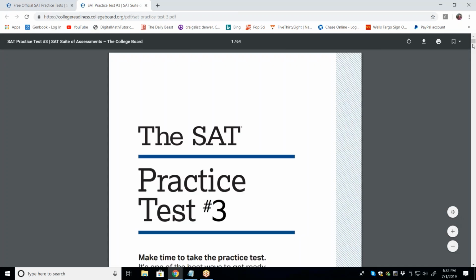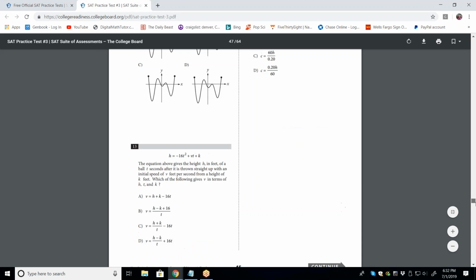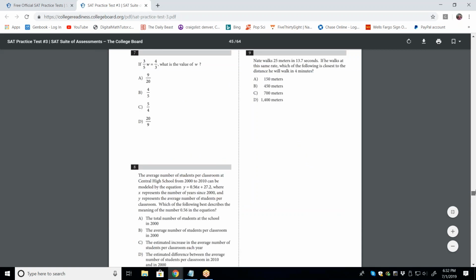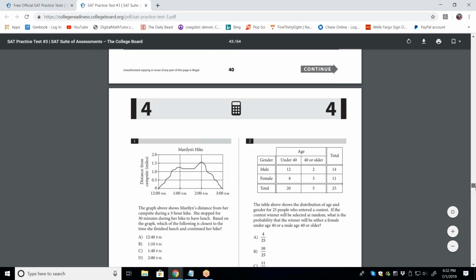I'm going to have to figure this out, and I don't want to do it in real time. Let's just go through and do as good as we can.